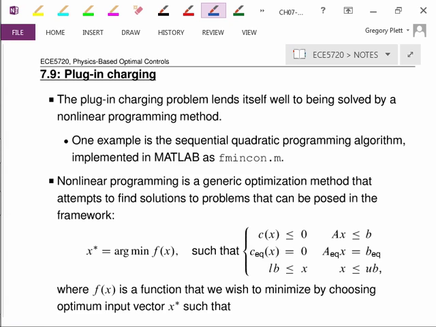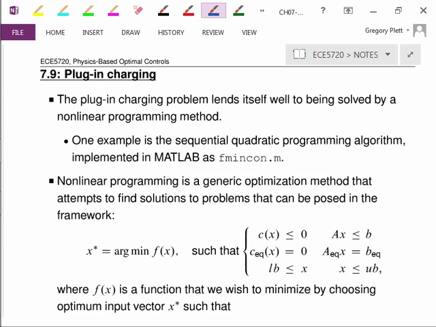Here we're looking at a fixed time problem where we say, suppose I know in advance that I have a certain number of seconds or minutes available to me for charging a battery pack from the present state of charge to some desired final state of charge, and I want to in some way optimize the life of the battery pack. Then how am I going to accomplish that?